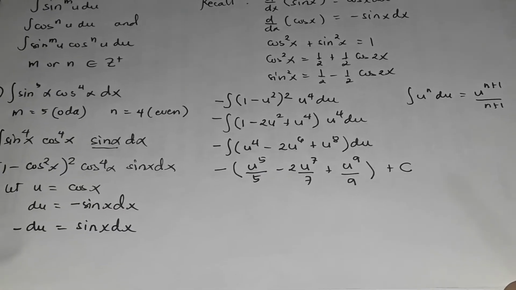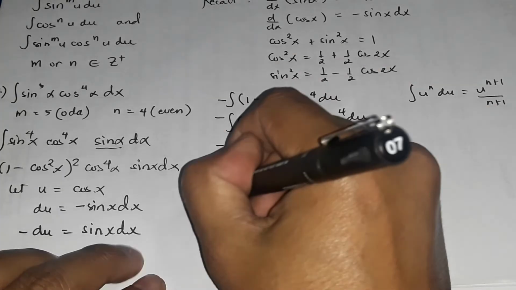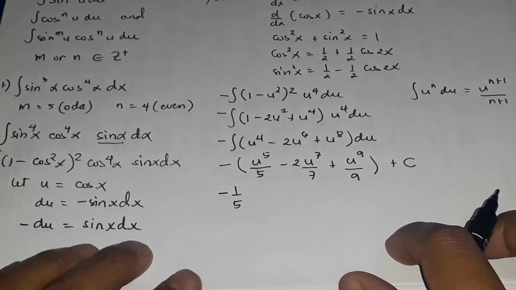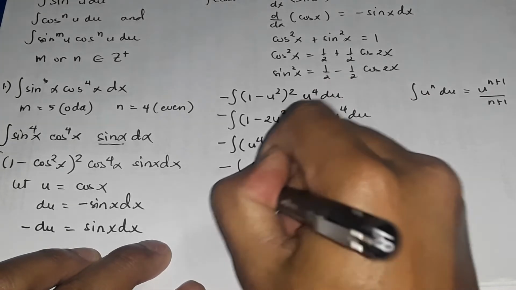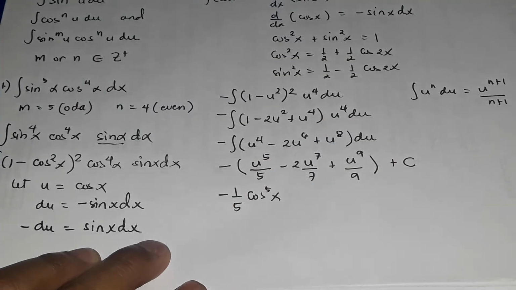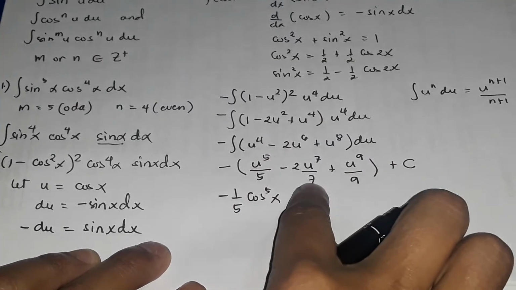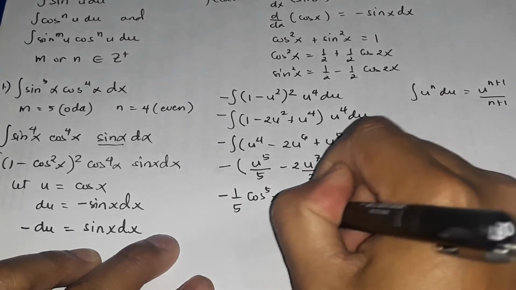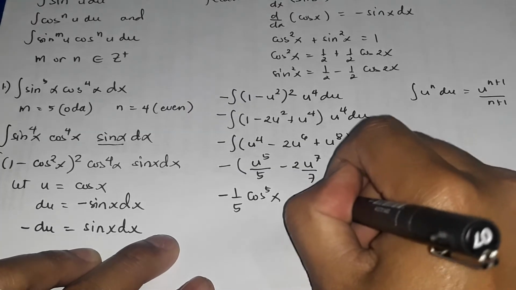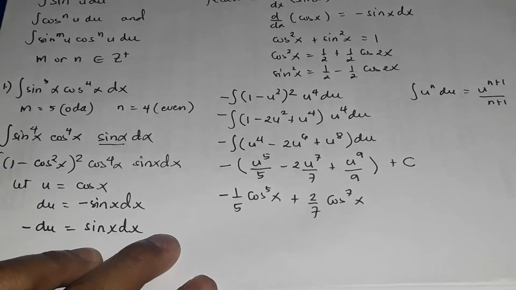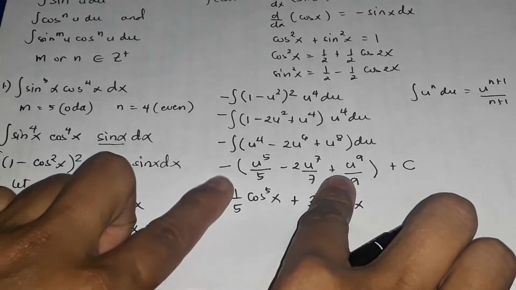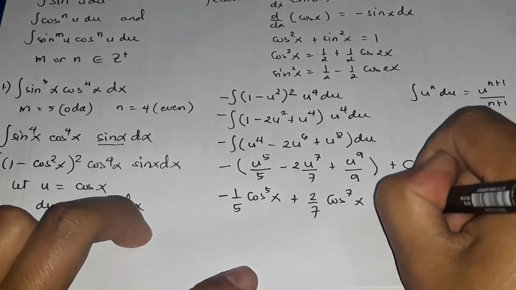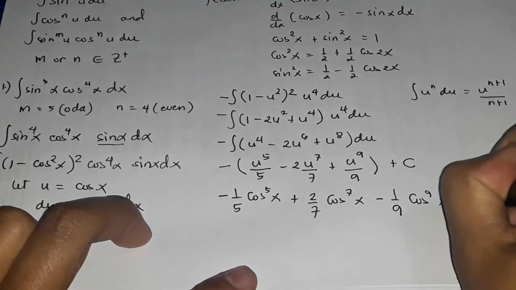Okay, so we now have negative 1 over 5, u to the 5 will become cosine to the 5 x, then negative 2 over 7 multiplied by negative 1 will become positive 2 over 7 cosine to the 7 x, then positive 1 over 9 times negative 1 will become negative 1 over 9 cosine to the 9x plus c.